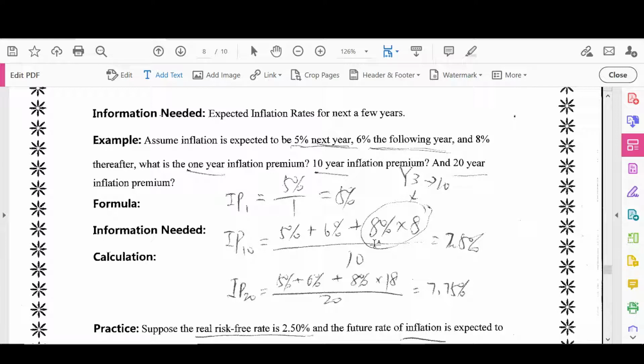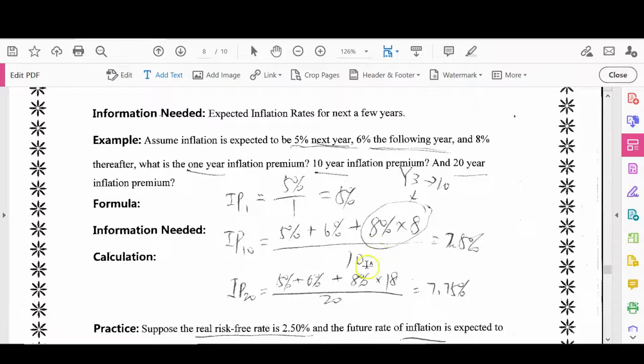So we add 8% for 8 times, for 8 years from year 3 to year 10, which we can write as 8 multiplied by 8%.